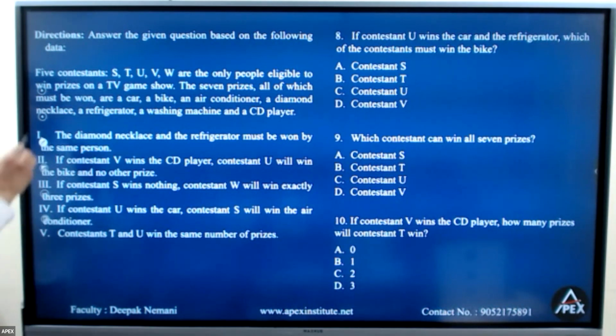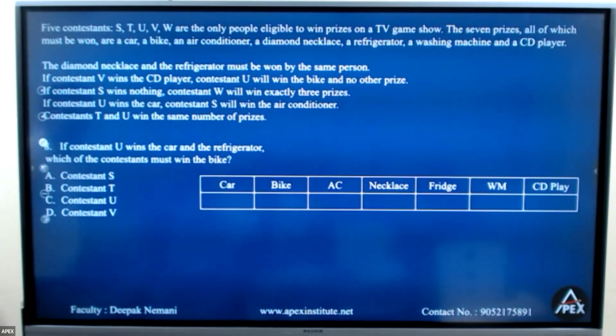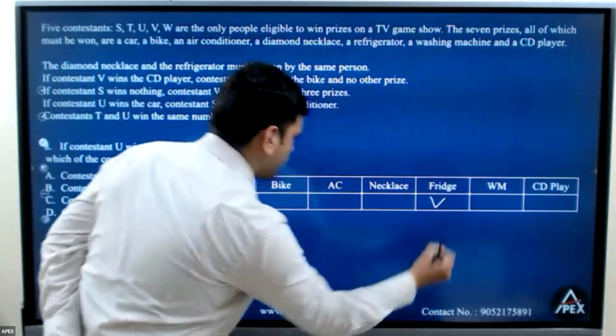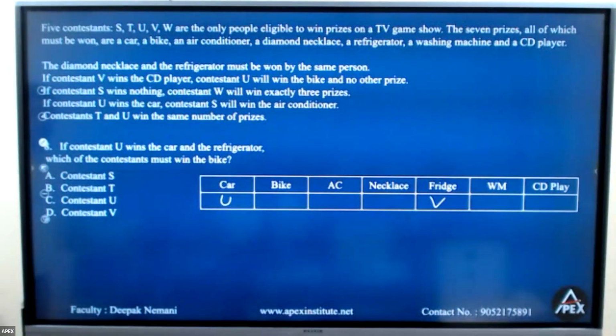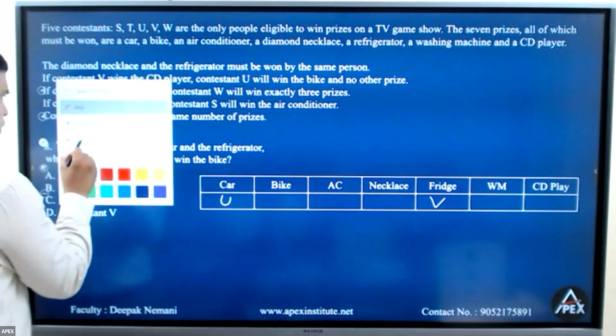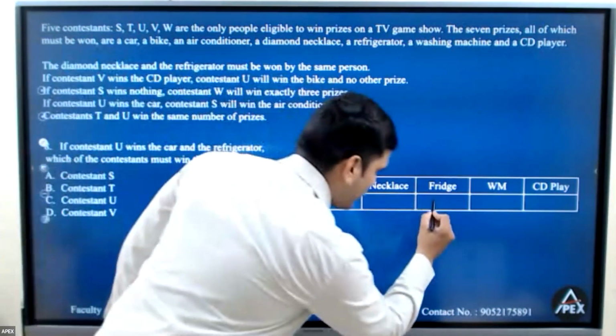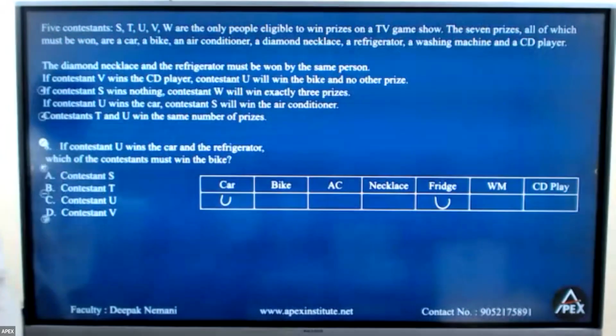Okay. Now if U wins car and the refrigerator, which of the contestants must win the bike? Sorry, my bad. I had U in my mind, but my hand wrote the alphabet after U, B. Now the diamond necklace and the refrigerator must be won by the same person.